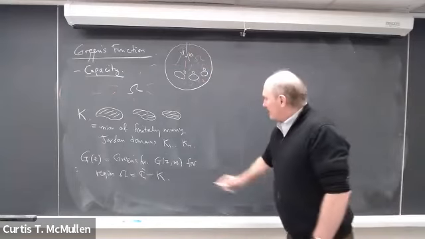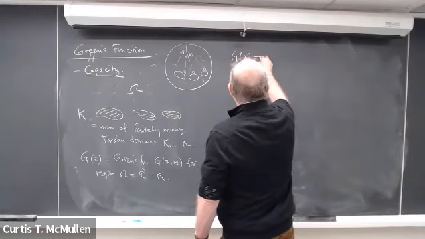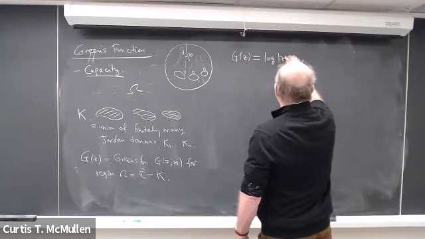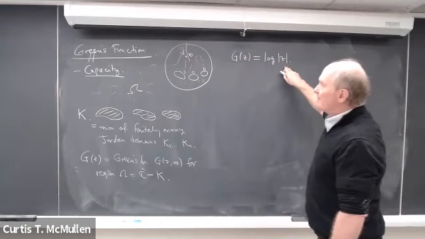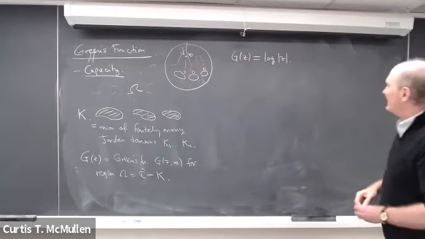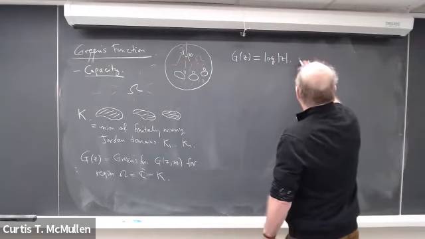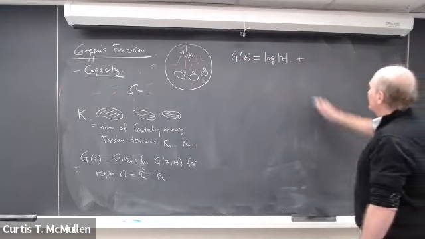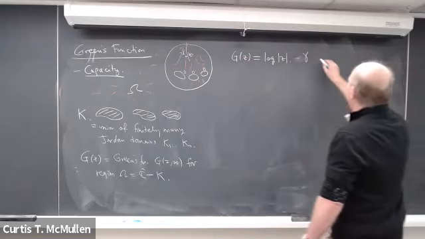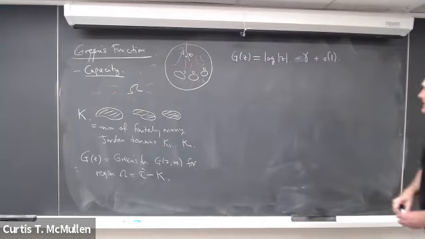So what does this Green's function look like? Necessarily, g of z looks like the logarithm of the absolute value of z, exactly as before. That's the statement that it blows up to give a point charge at infinity. And then, because it's the real part of an analytic function, there's a constant, gamma, which I'm going to write negatively, and then plus something that tends to 0 at infinity.